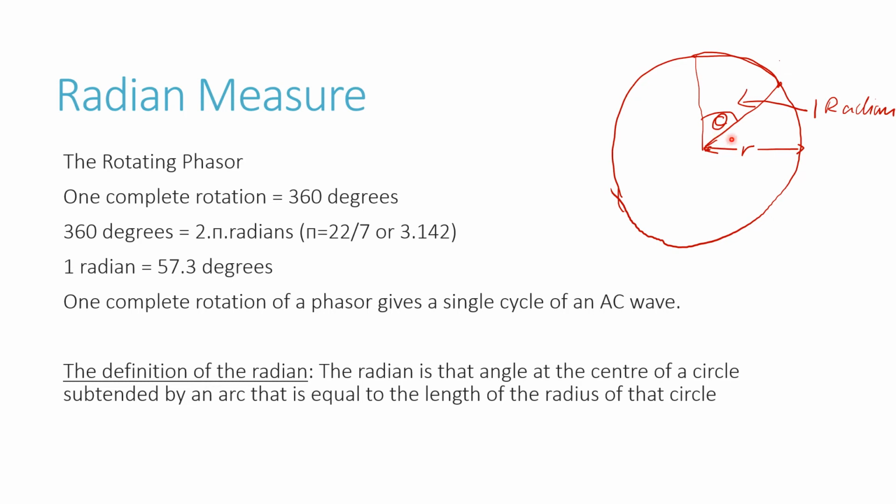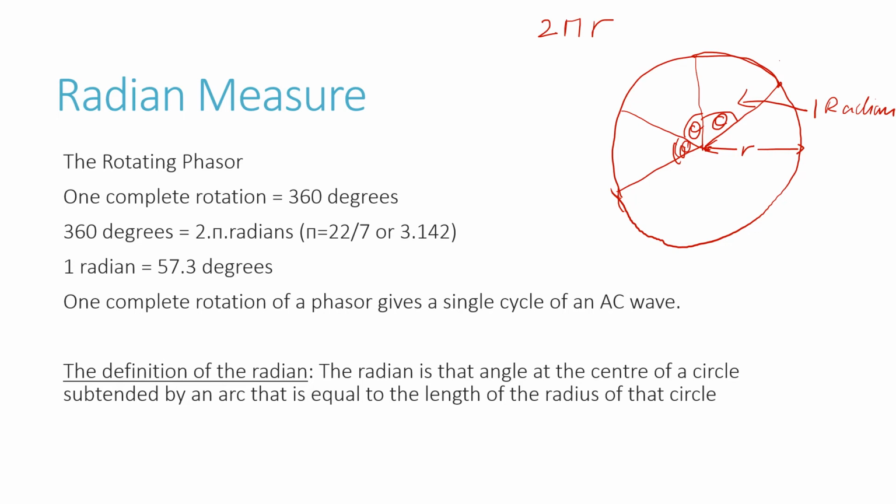So the question is, how many of these radians? So that's another one there, another radian, and another radian. How many of these can you get around the circle? Now, the distance around a circle, the circumference of a circle, is 2 pi r. Okay?